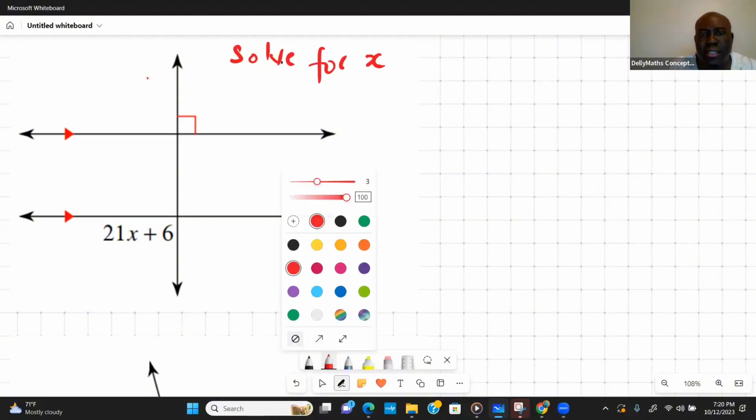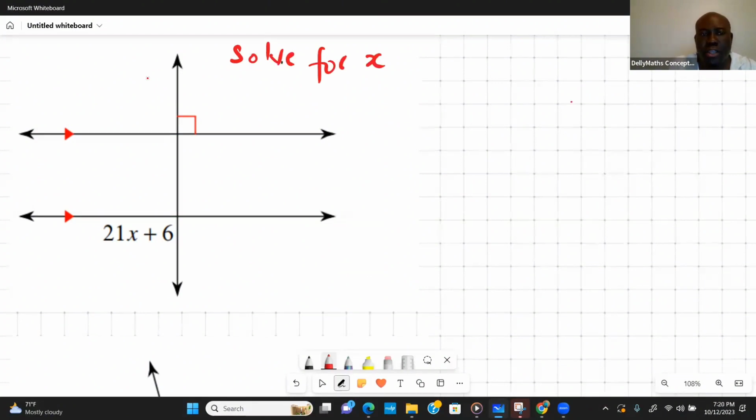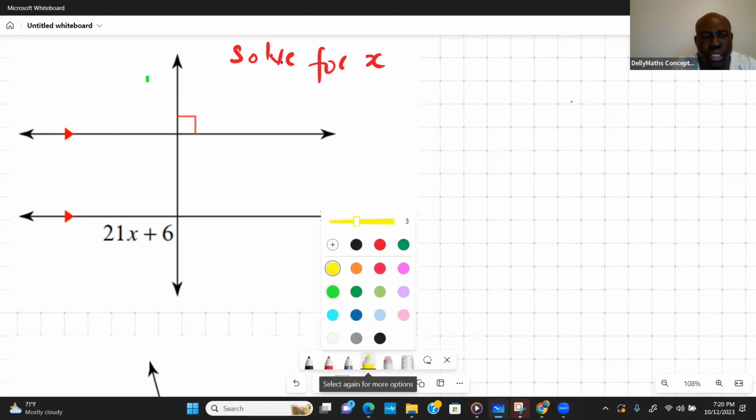In this case, we're solving for x. In order for us to solve for x, based on this context, we have to have some information as it relates to what we know about the information that we got here.